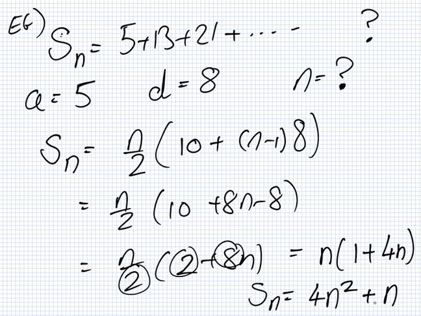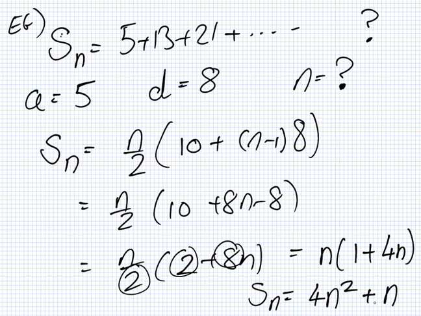Now, if I add the first three numbers together, 5 plus 13 plus 21, what's that? 39. So if I put n as 3, let's see if we get 39 here. 3 squared is 9. 9 times 4 is 36. Plus 3 is 39. So this formula can add as many terms as you like.